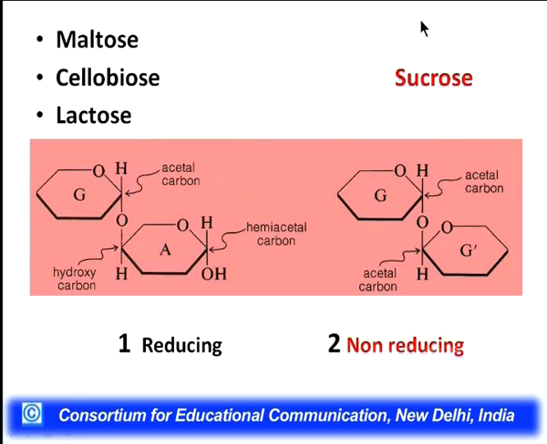Whereas in sucrose, both the anomeric carbons are involved in bond formation, that is, it has no free aldehyde group. Hence, it is a non-reducing sugar: it will not mutarotate, will not give Fehling's test, and will not form osazone derivatives.